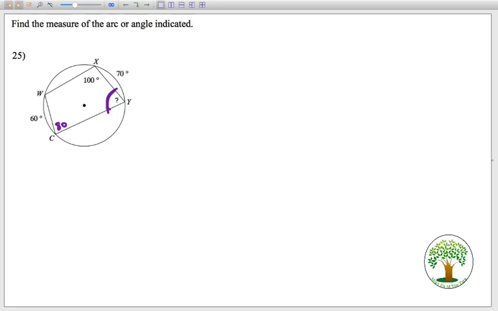We know this is 60, and now that's 70. So we're looking for this piece. If we know that piece, we can call that one maybe x. So x plus 60 will give us the question mark that we're looking for.